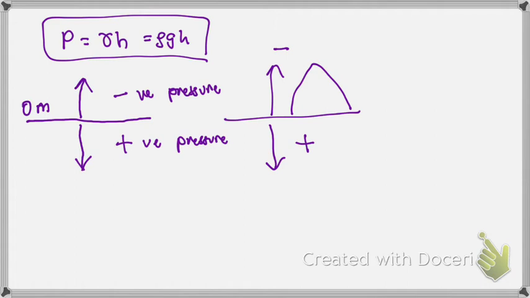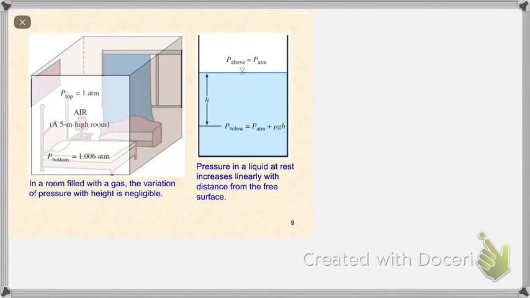But there is one exceptional case. If you take air and compare that with liquid, gas with liquid, in liquid the pressure is very dependent on the height. So let's say you have a container like this filled with water, or any liquid.